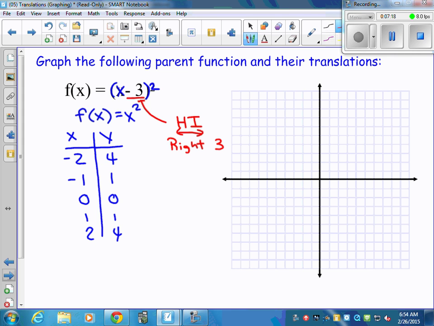Now if we want to think about the operation that's going to happen to the table, horizontal adjustments affect your x values. So what's happening to the x value? We want to look at the operation that we've stated, not the sign and the value. So to move a graph right 3, all of our x's have to be added to 3. So we're going to add 3 to all of our x values.